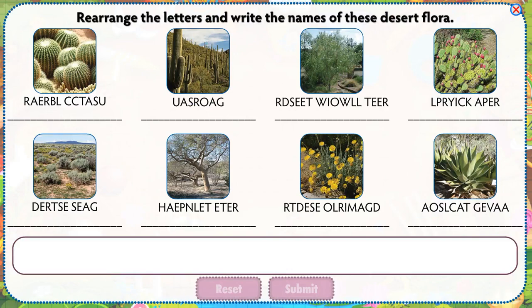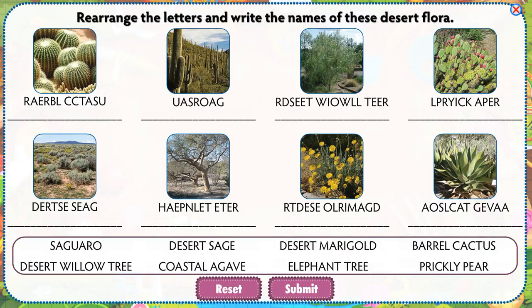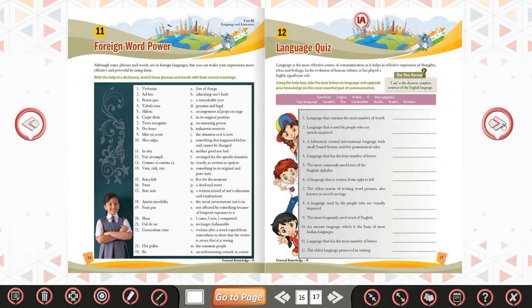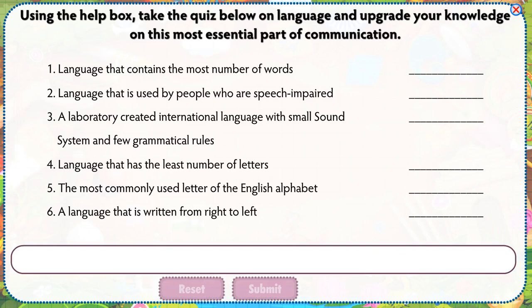Rearrange the letters and write the names of these desert flora. Using the help box, take the quiz below on language and upgrade your knowledge on this most essential part of communication.